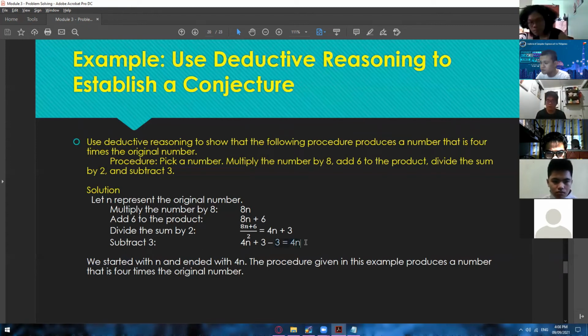If you know how to manipulate variables, it would make your work a lot easier, rather than basing it on real data. Before, we had to compute 3, 4, or 5, and then compare those sequences to figure out the result. But here, just substitute the original number with n, and you will get the correct answer, right?